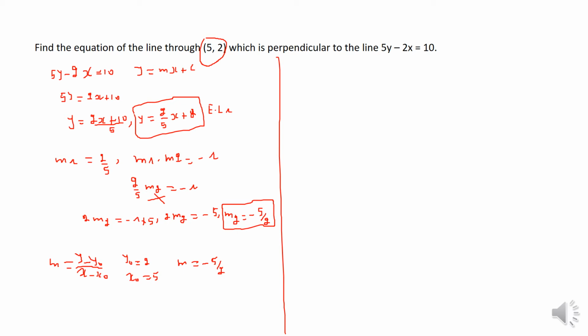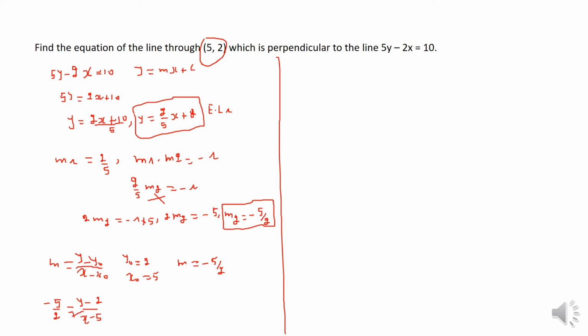It means that m, which is -5/2, is equal to (y minus 2) over (x minus 5). Now we can cross multiply.